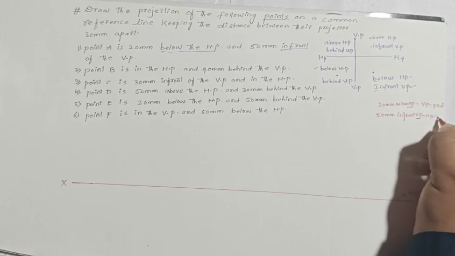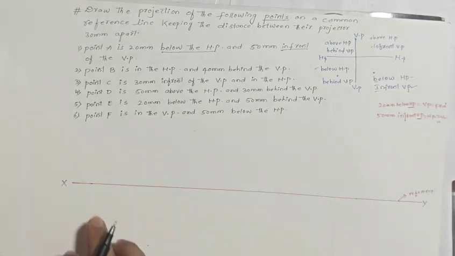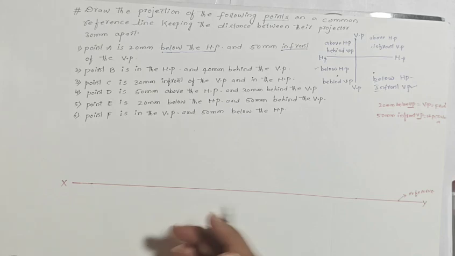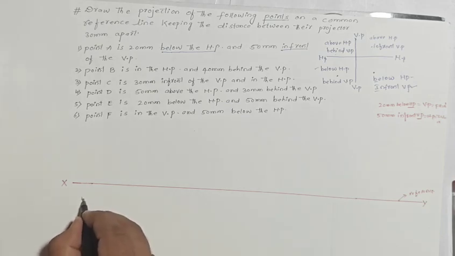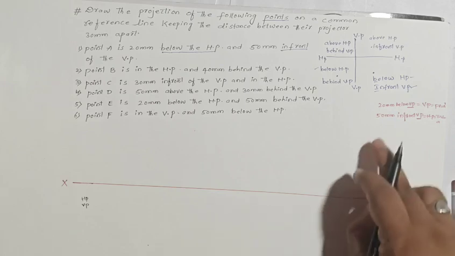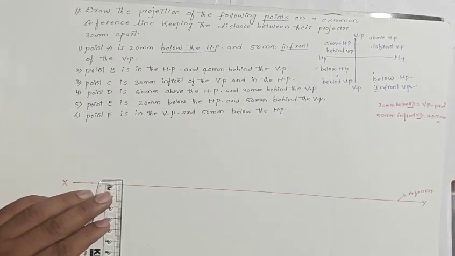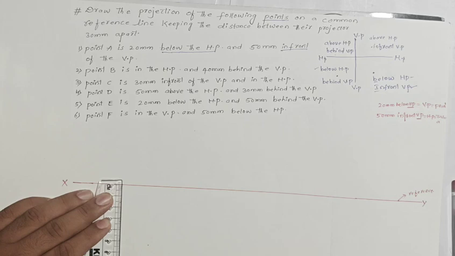So HP is called top view. It represents the point A. 20 mm. In the fourth quadrant, we know the concept: HP and VP both are below the reference line. The smallest value, how much is there? 20 mm. Measure a length of 20 mm.